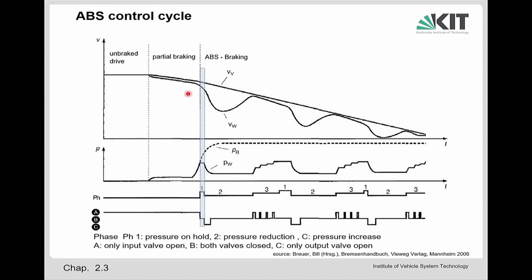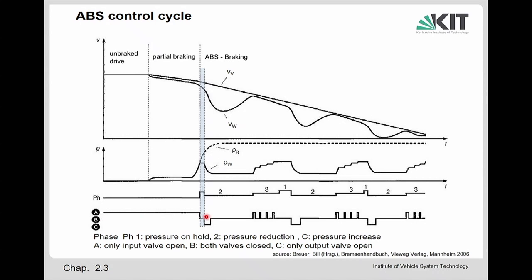So if the wheel acceleration exceeds a certain threshold, which is set in the system and controlled by the electronic control unit, then the valve number 1, the inlet valve, is closed. So that's what we can see here. Okay, first only the inlet valve is open.